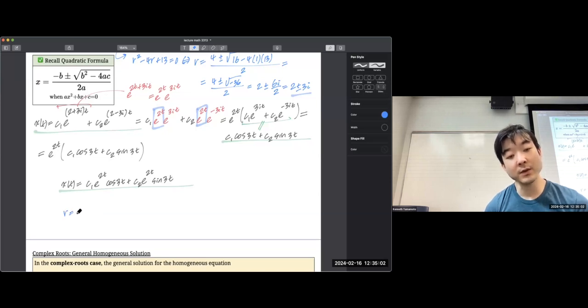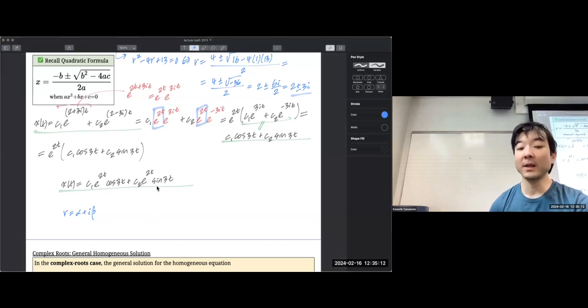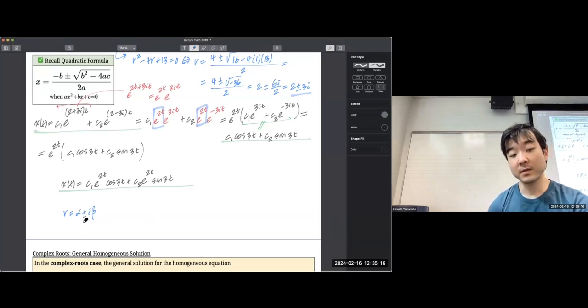So you have r equal to some real part, alpha, plus some imaginary part, beta. And so your roots will always be like alpha plus or minus i beta, because it's always going to be in conjugate pairs. If you have a root like this, then this will always give you a solution.